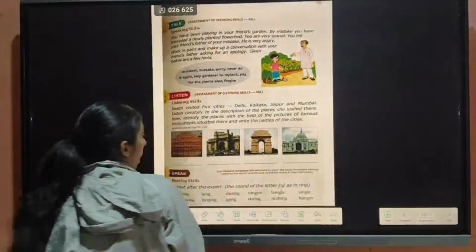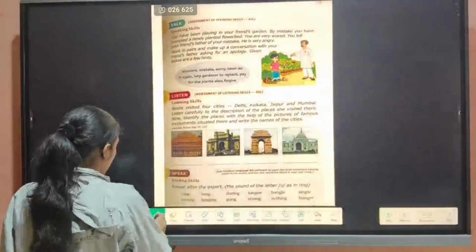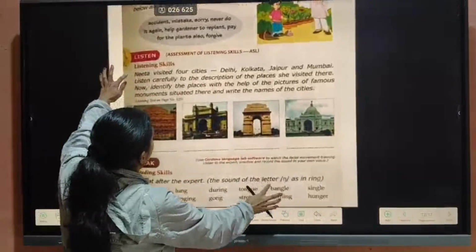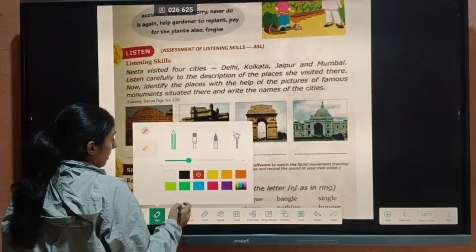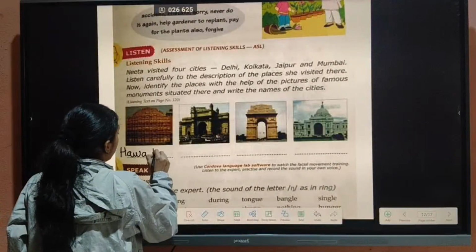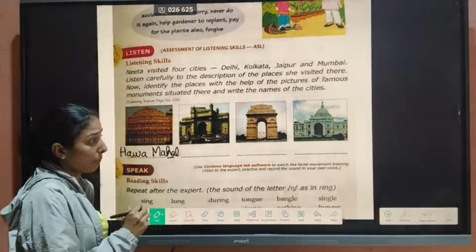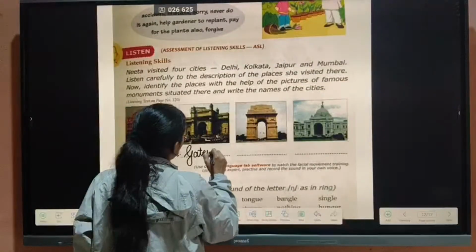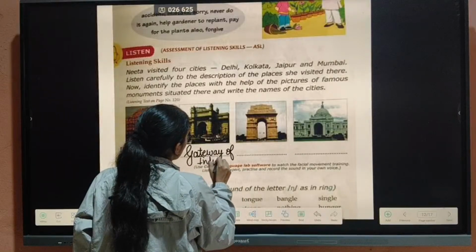Together. So now you have to fill all the places there. So what is this place in the city Jaipur? This is Hawa Mahal. Hawa Mahal, a famous monument in Jaipur. Okay, this is Gateway of India. And where it is situated?